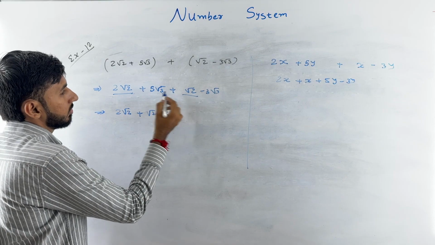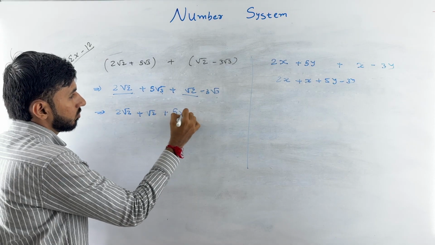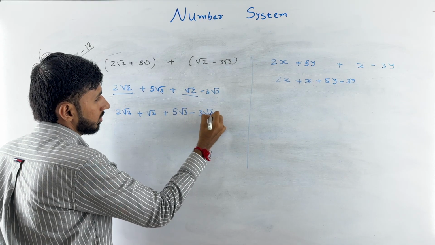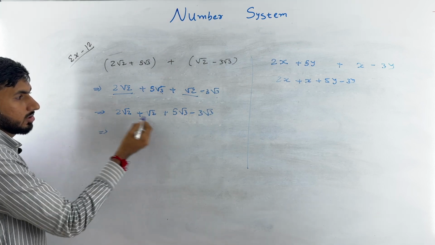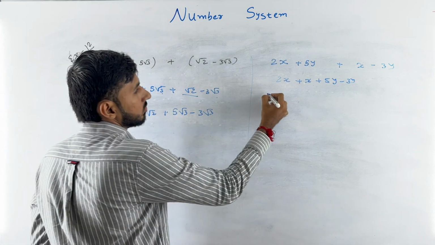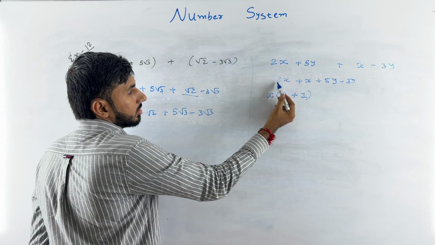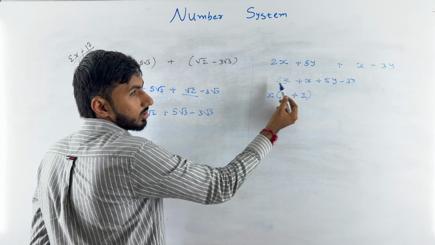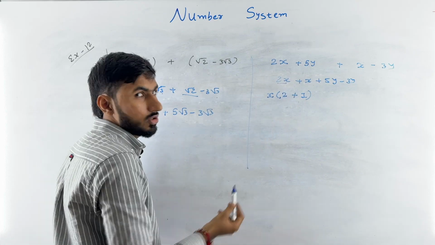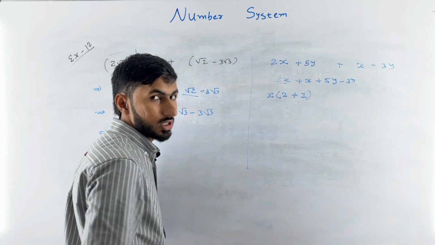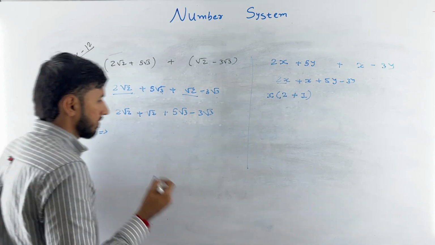Now here we have root 3 and root 3. So let me put 5 root 3 minus 3 root 3 together. Now I can take root 2 common. Here also I can take x common. So my answer will be 2 plus 1, because from here if I take out x, I have only 2, and from here if I take out x, there is nothing but 1, right?